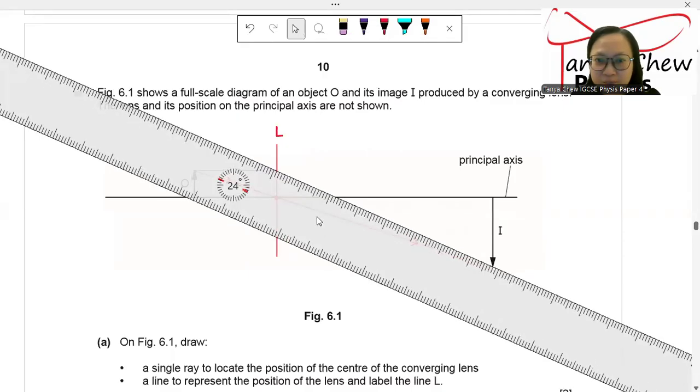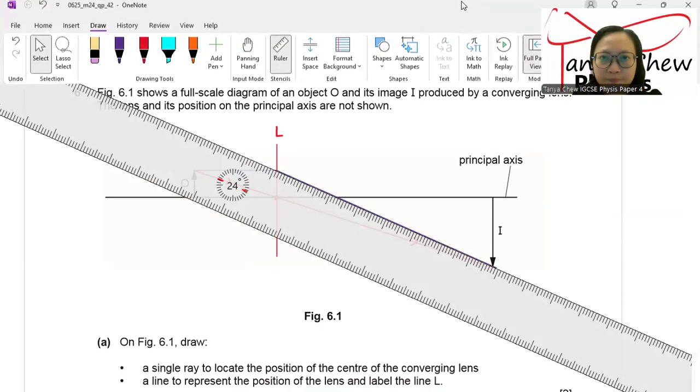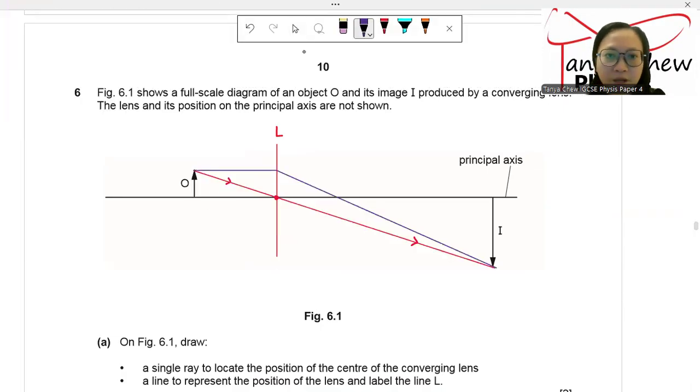Digitally, it might not be very accurate. So, something like that. Here. So I'm going to keep the ruler first. And make sure that you draw arrows for the ray diagram. So this is what we call principal focus. Principal focus is a point where all the rays will be focused to when they pass through a converging lens.